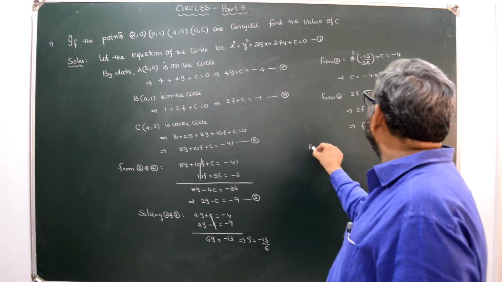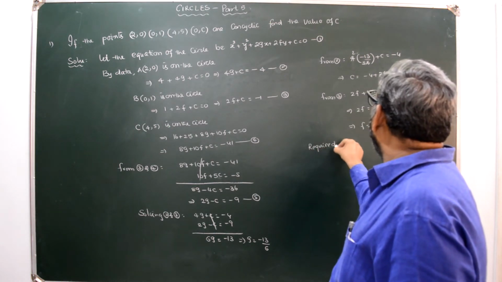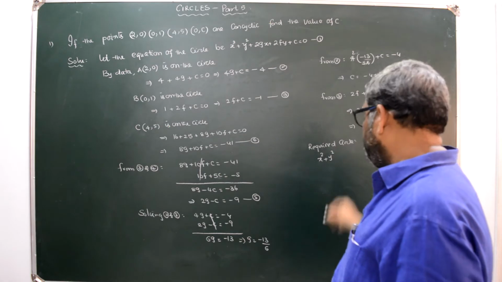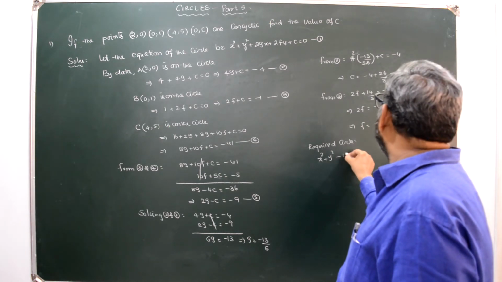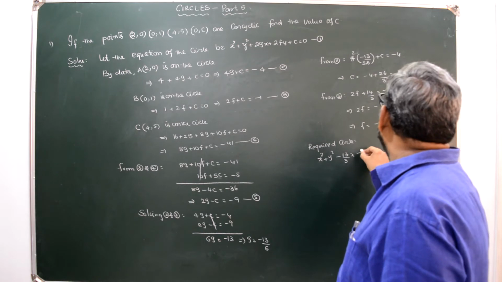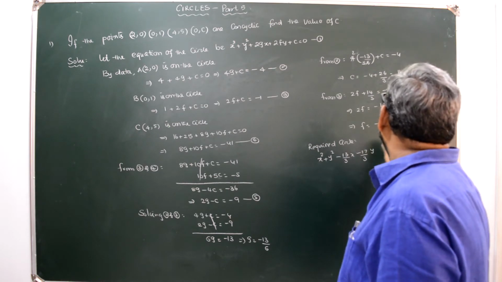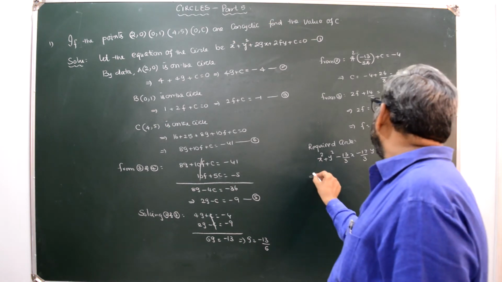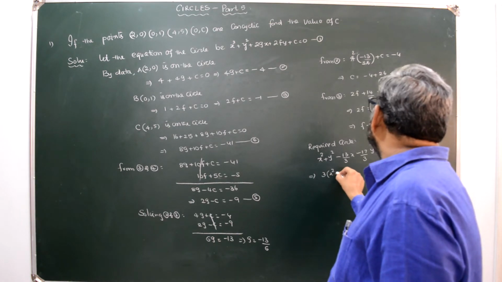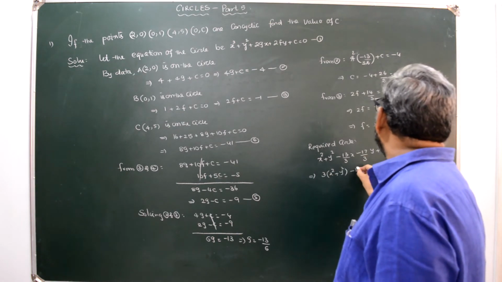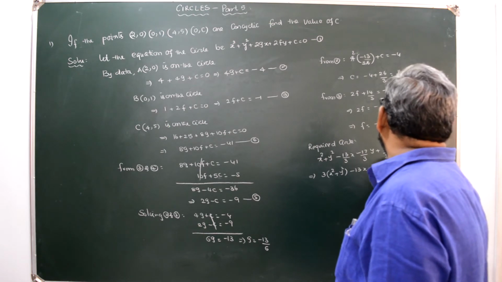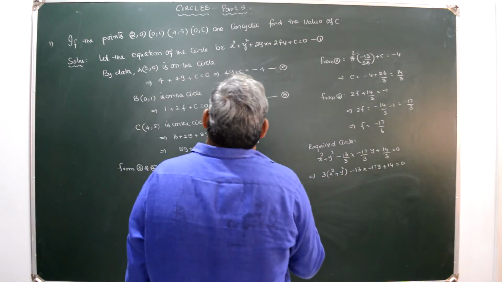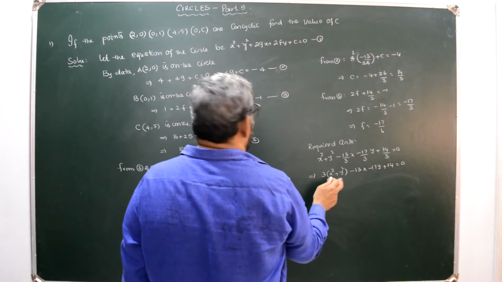Now the required circle is x square plus y square plus 2gx, minus 13 by 3 into x, plus 2fy, minus 17 by 3 into y, plus c, plus 14 by 3 is equal to 0. This can be written as 3 into x square plus y square minus 13x minus 17y plus 14 is equal to 0.